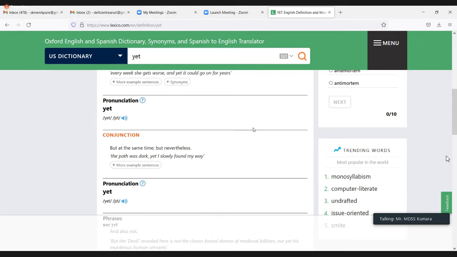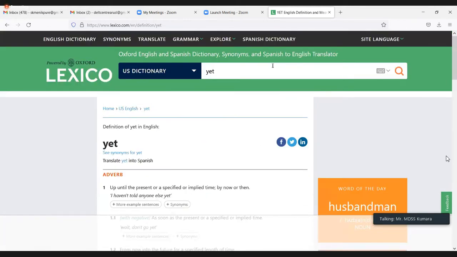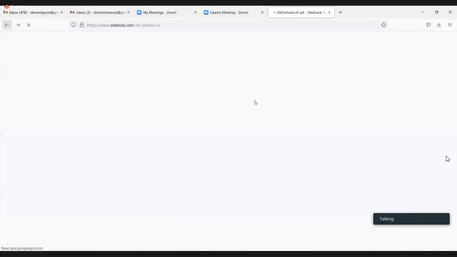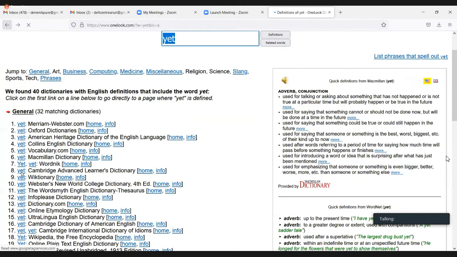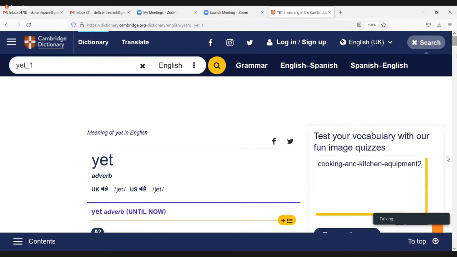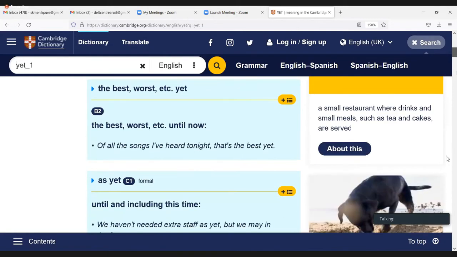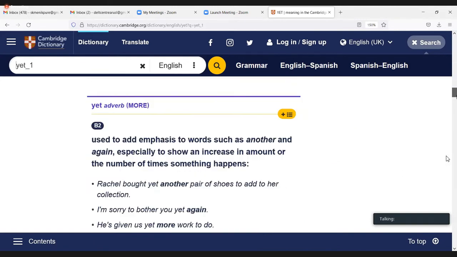As an adverb, yet means up until the present or a specified time. As a conjunction, the meaning is given as: but at the same time, but nevertheless. So in a kind of complicated way, the meaning is given there.